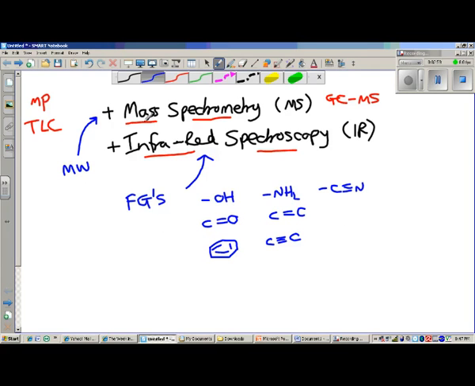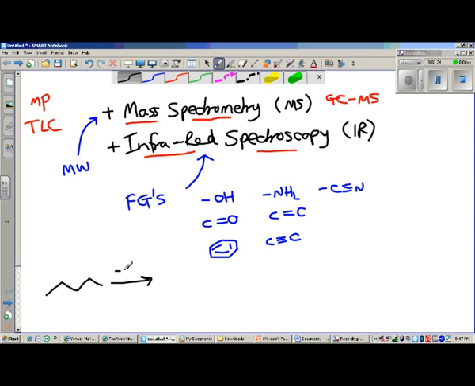So let's concentrate a little bit on mass spectrometry first. Very simply put, when you have your mass spectrometer, what it does is it hits your sample with a whole beam of electrons, a beam of high energy electrons. So let's say you have a sample here of, I don't know, let's say we have pentane.